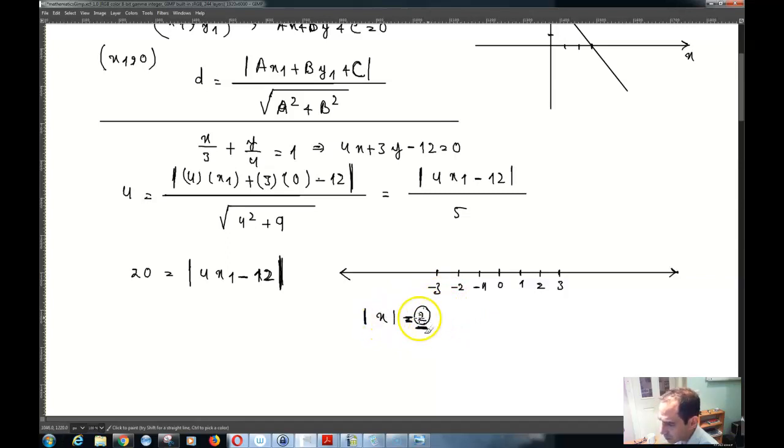It's actually not possible to write, for example, the absolute value of x is equal to negative 3. This is wrong. This cannot exist. So this number is always positive based on the nature of the absolute value function.